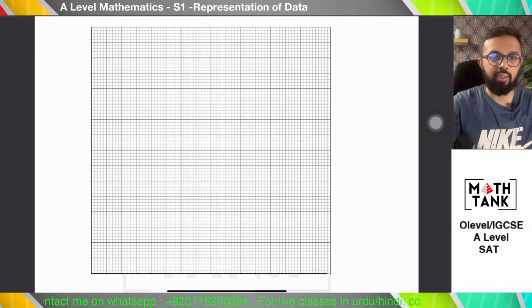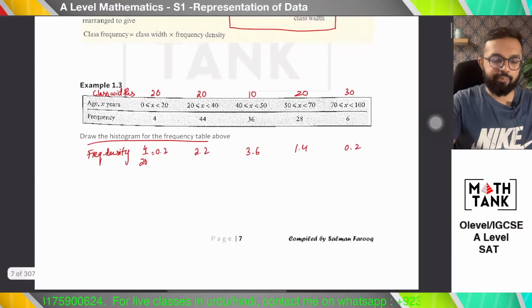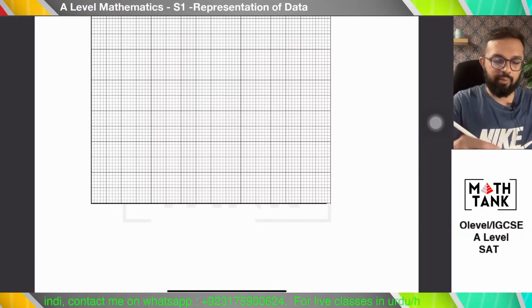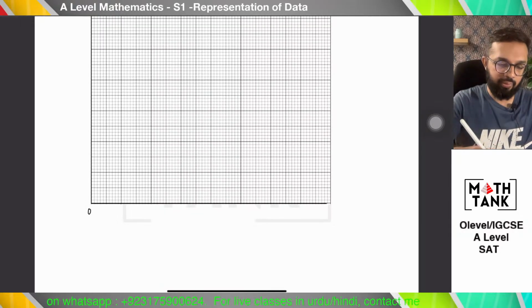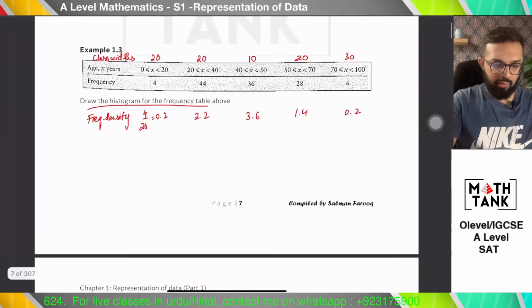So I've drawn my vertical and horizontal axes. I need to go from 0 to 100, so I'm going to mark 0, 20, 40, 60. What is this? I have to label my axis. This is age.